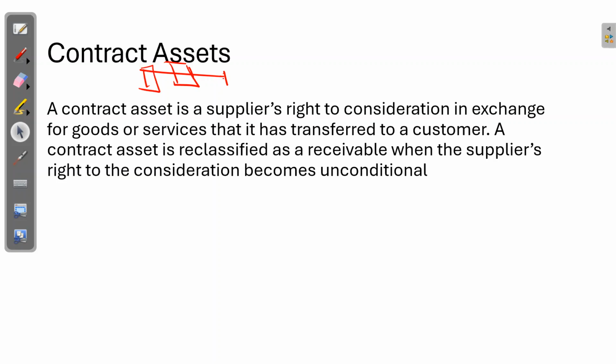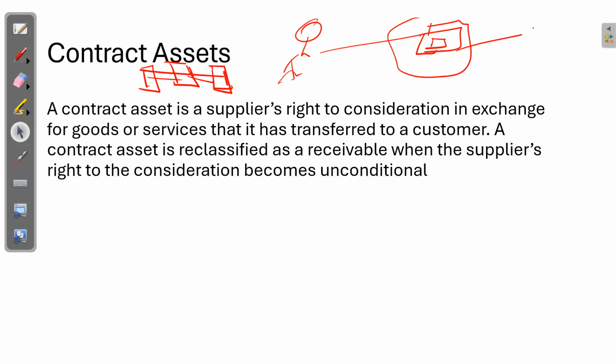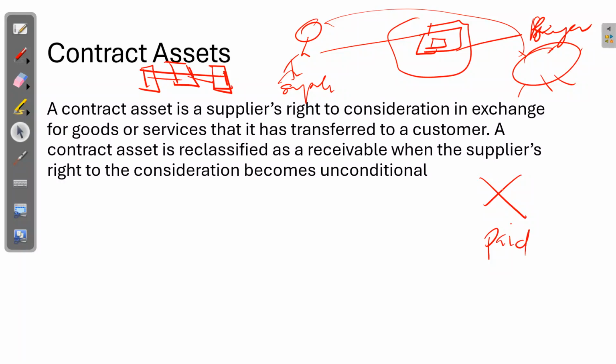Yes. Okay, I was talking about contract assets. So a contract asset is when a supplier delivers goods to a buyer, but the buyer has not paid for the goods, and also the contract has not been finalized.